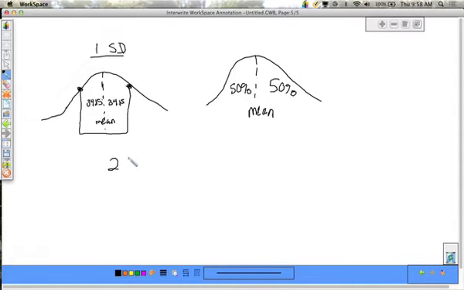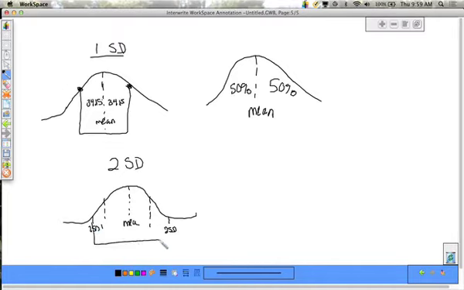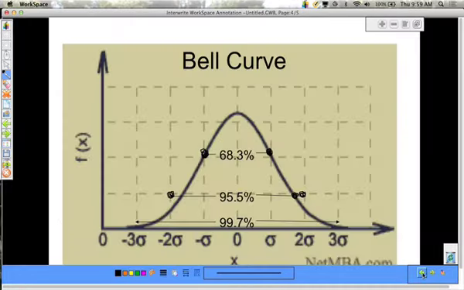If we were to take a look at the 2 standard deviations, again, you will get pretty good at drawing these by the end, much better than I am here. Here's our mean. Here's the 1 and the 1. And if here is 2 standard deviations, and here is 2 standard deviations, within these two, what did we say?